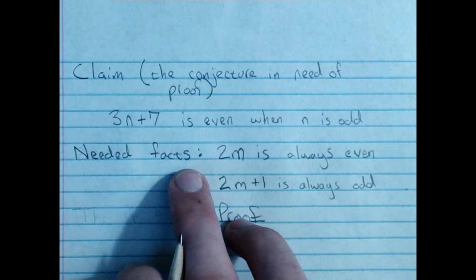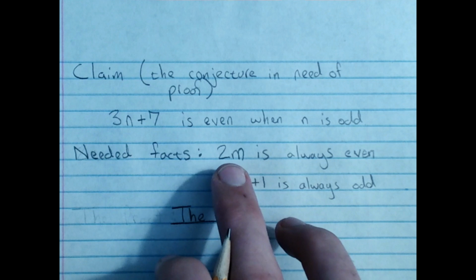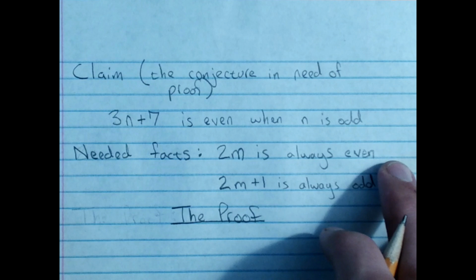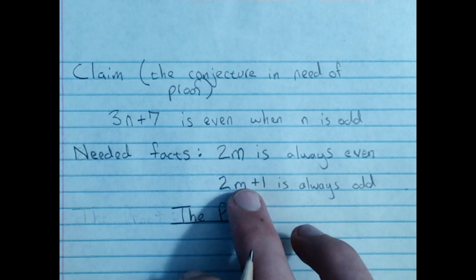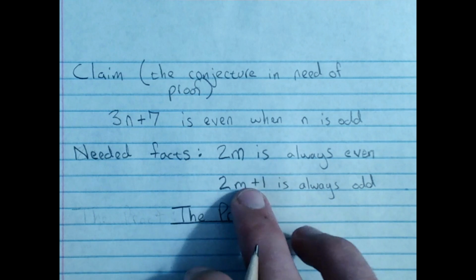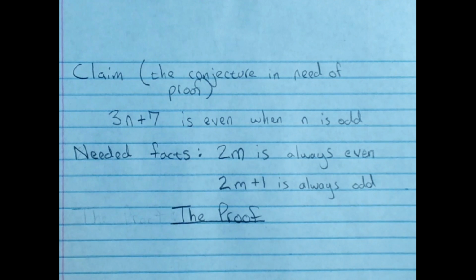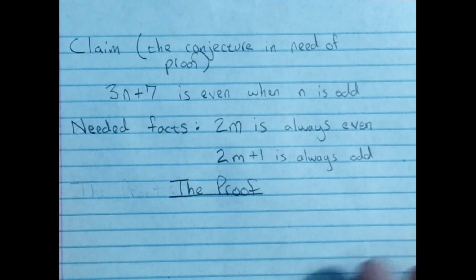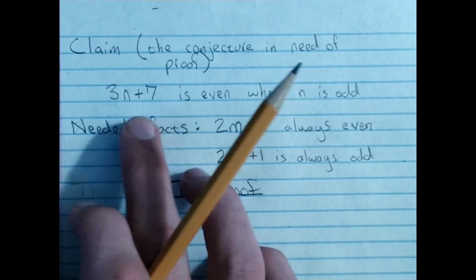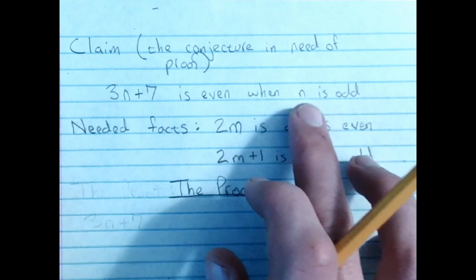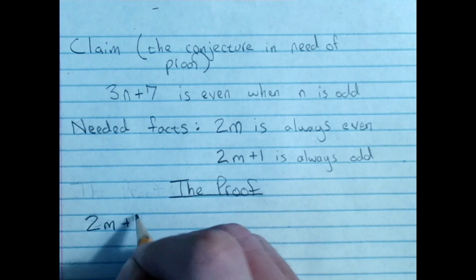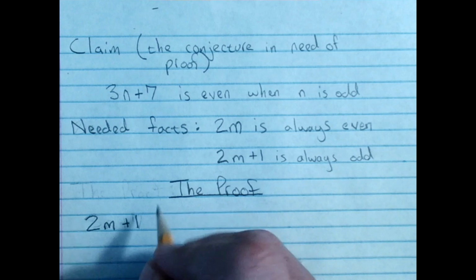The needed facts for this type of proof are that 2 times any number, m, is always going to be even, and 2 times any number plus 1, or minus 1, but I've used plus 1 here, is always going to be odd. Here's the proof. Since I believe 3n plus 7 will be even when n is odd, I'm going to let 2m plus 1, the form of my odd number, equal n.